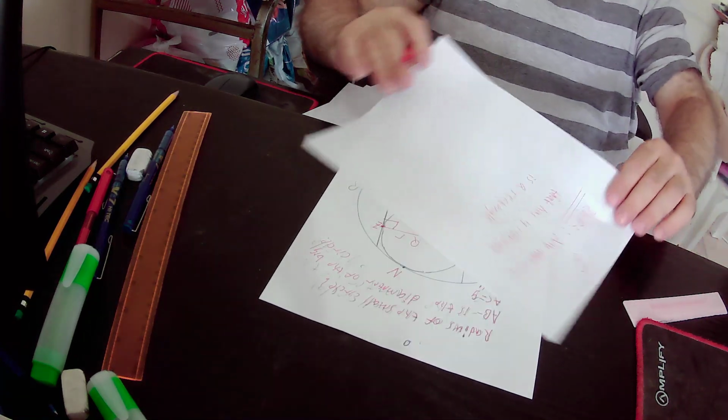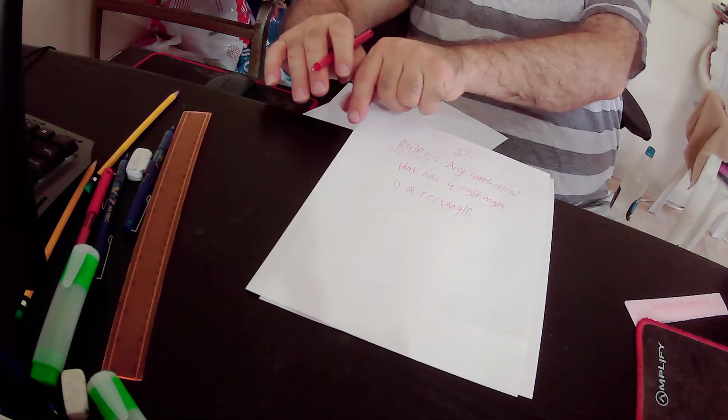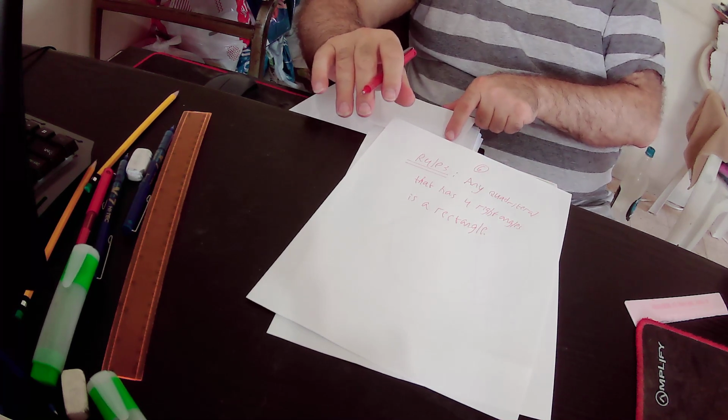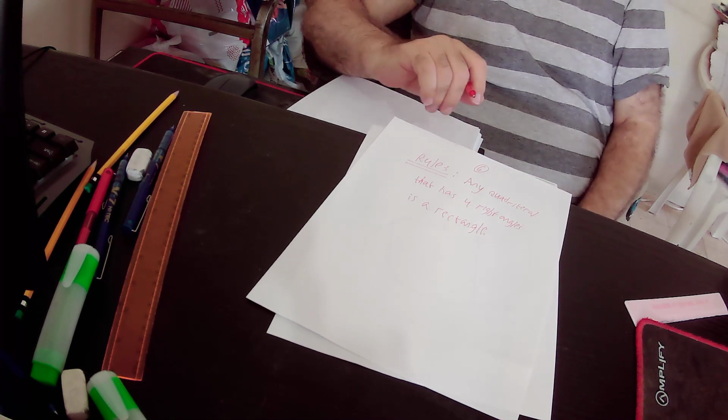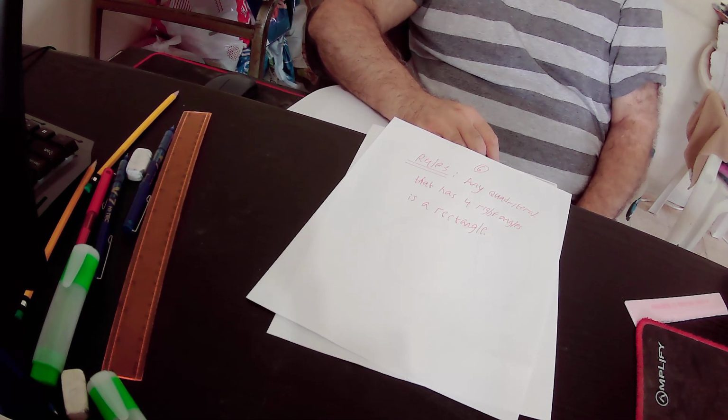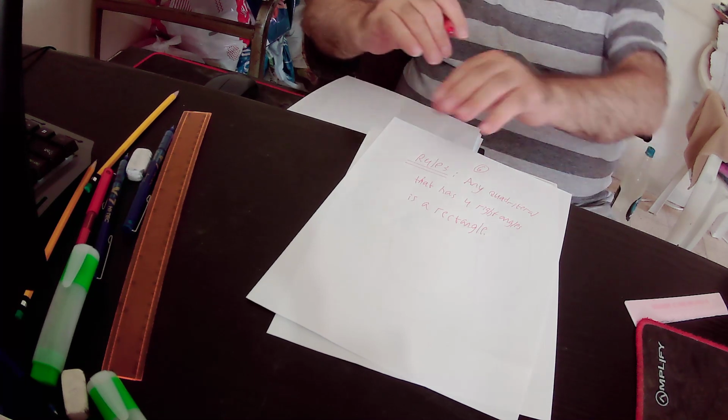I will read rule number 3 again. Rule number 3 states that any quadrilateral that has four right angles is a rectangle.